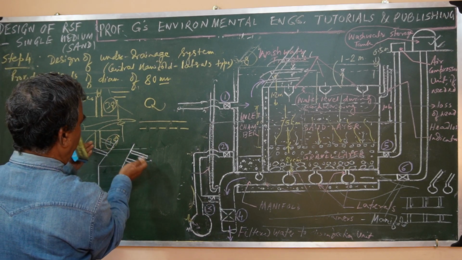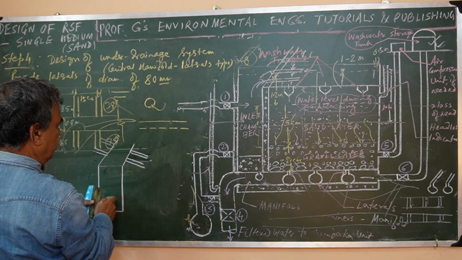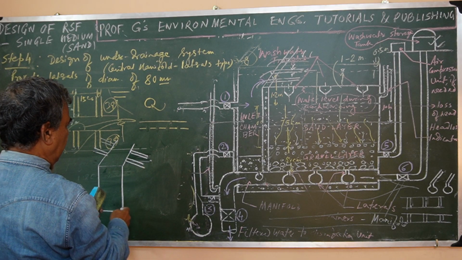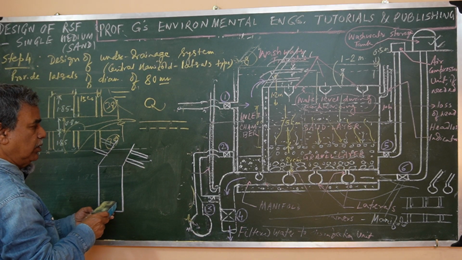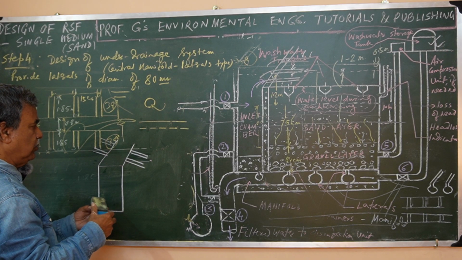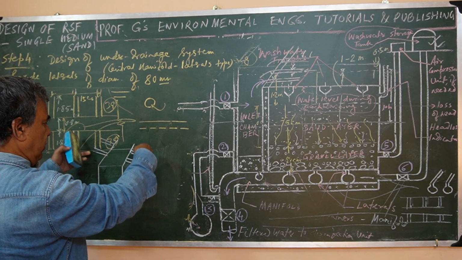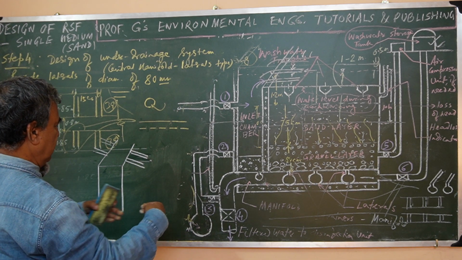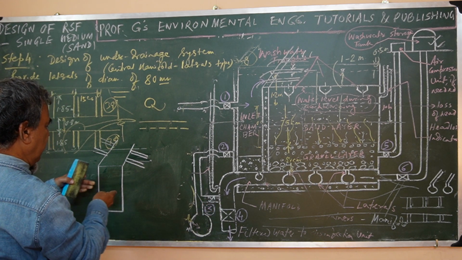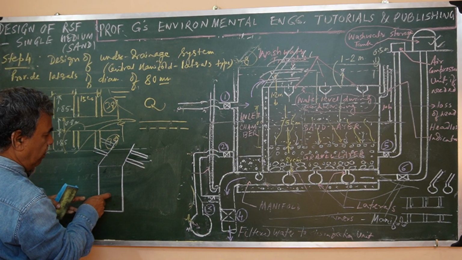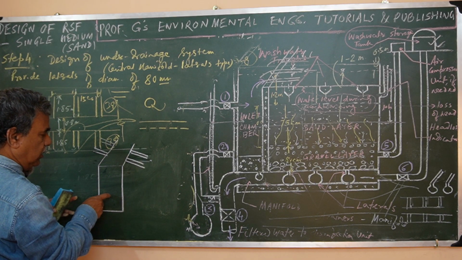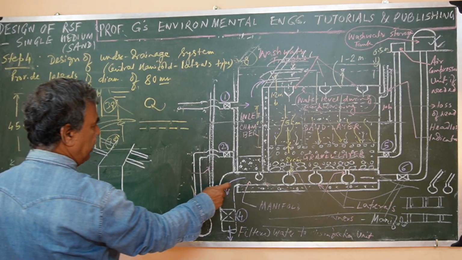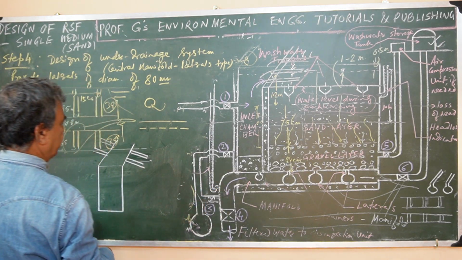So this will be collected this way, right? And while the under drainage system may be like that, that means this side the laterals, and both side laterals, this one under drainage system, and then this actually will be discharged into that main manifold system also.